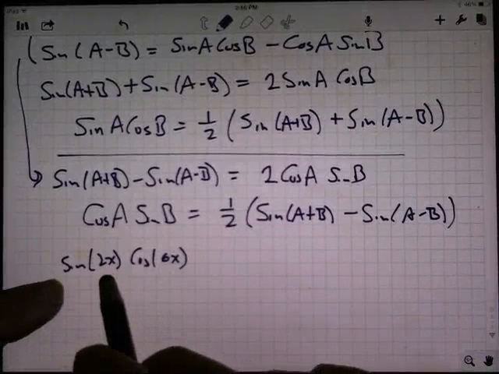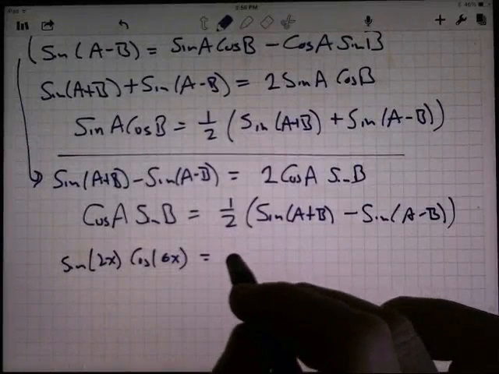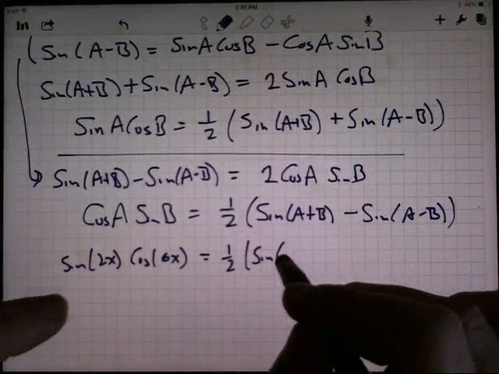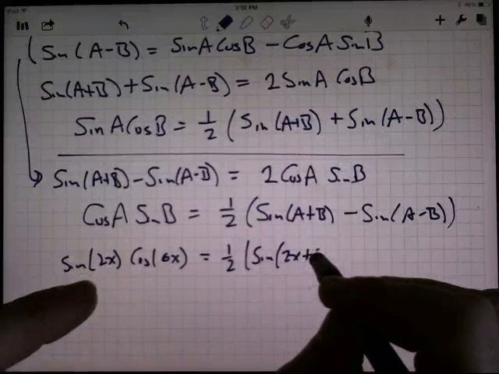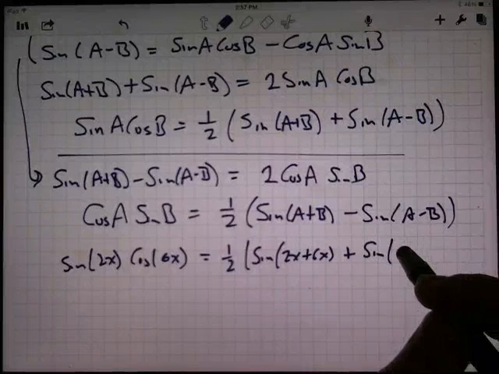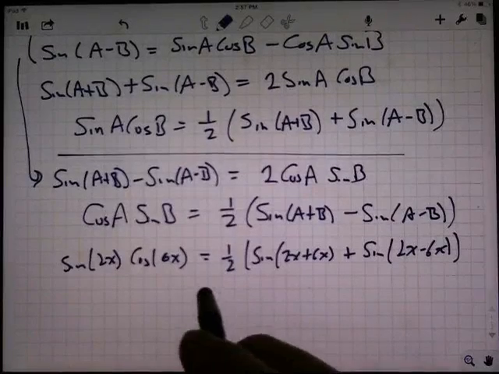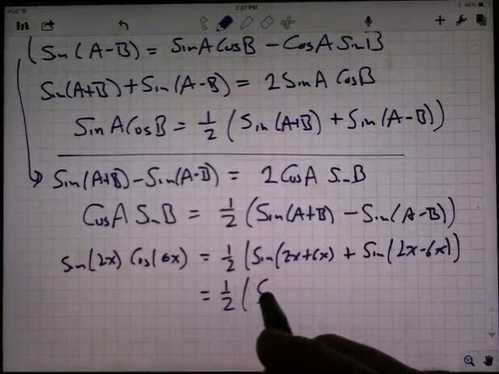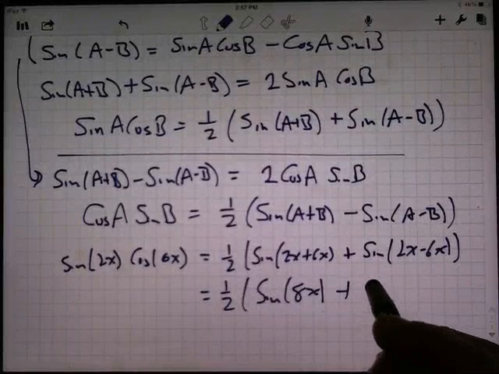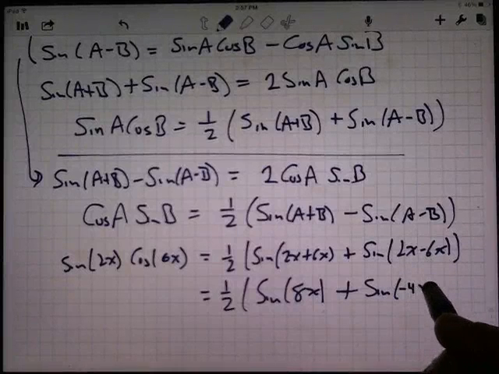Well, according to this one, because it's a sine times cosine, this should be 1/2 the sine of 2x plus 6x plus the sine of 2x minus 6x, which is 1/2 the sine of 8x plus the sine of negative 4x.